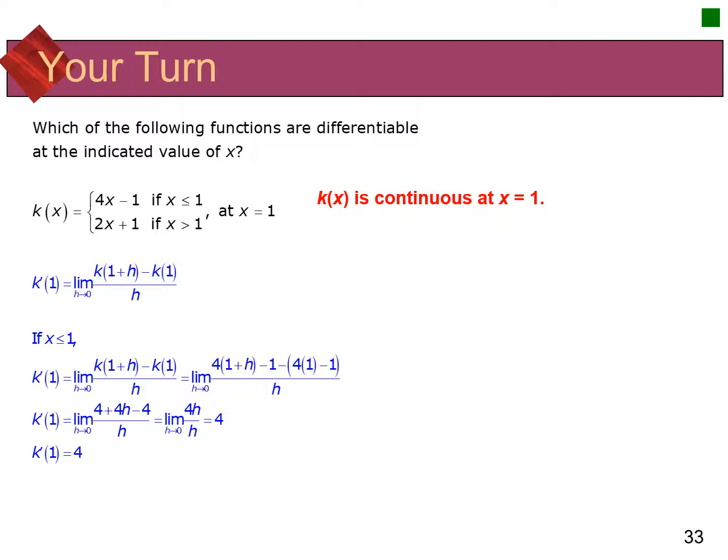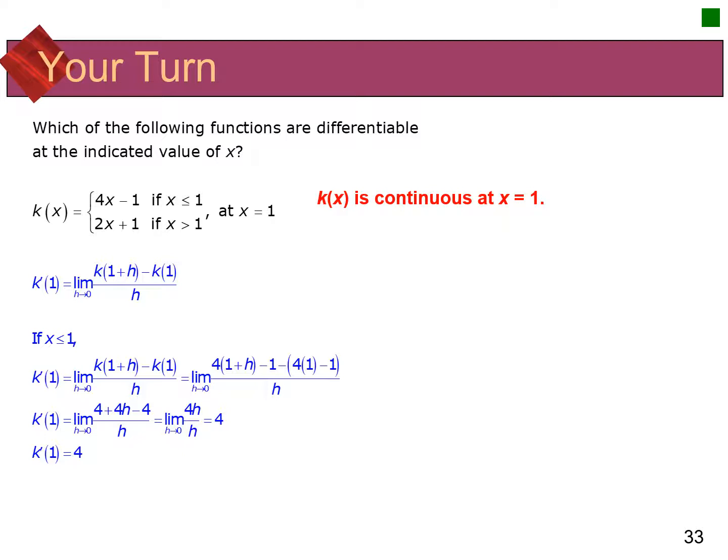When I do k prime of 1 and use that difference quotient, I'm going to be doing the limit as h goes to 0 of 4 times 1 plus h minus 1 minus the quantity 4 times 1 minus 1. As you can see from the algebra I show there, that simplifies to become 4. The limit as h goes to 0 of 4 means k prime of 1 is 4.